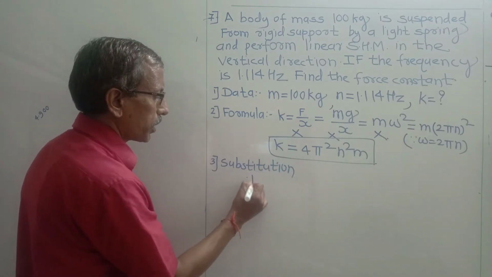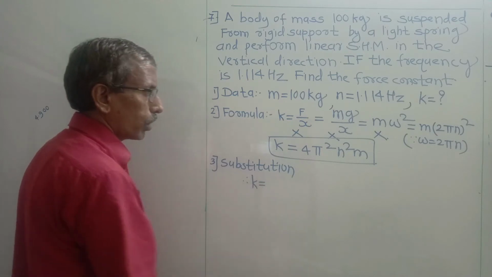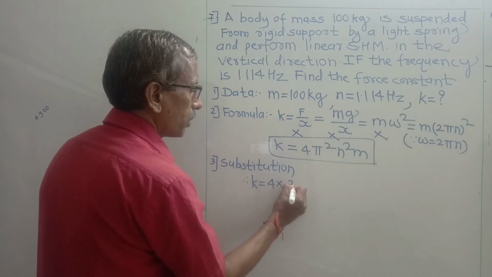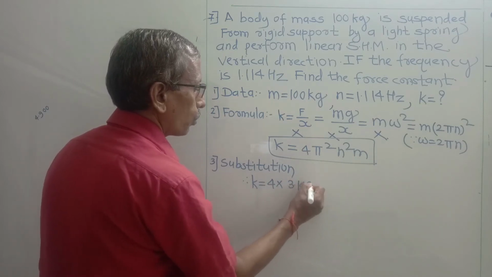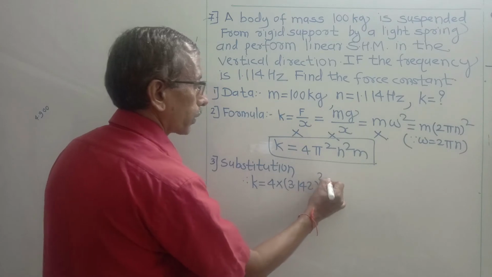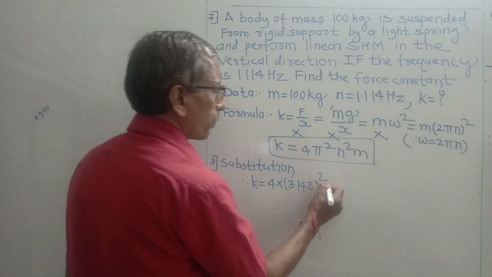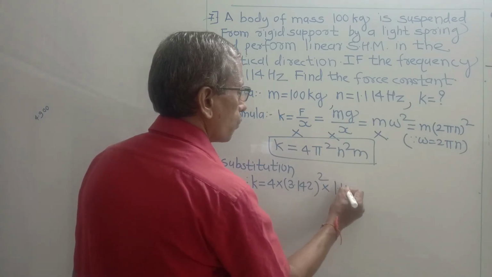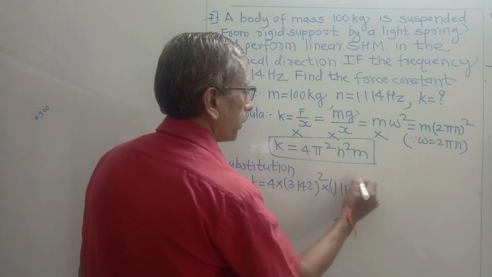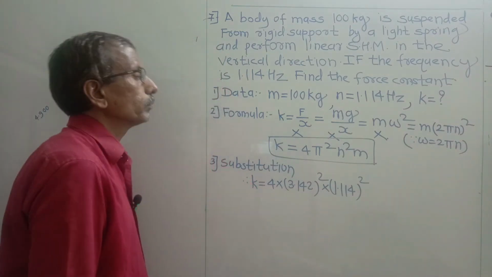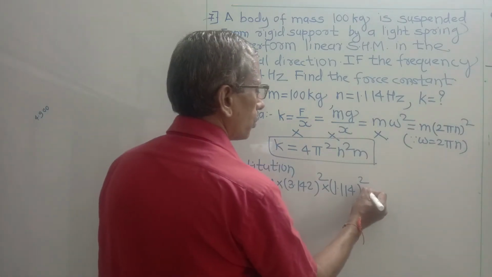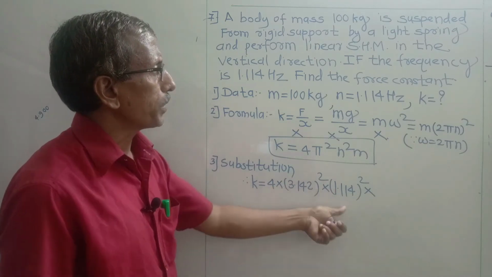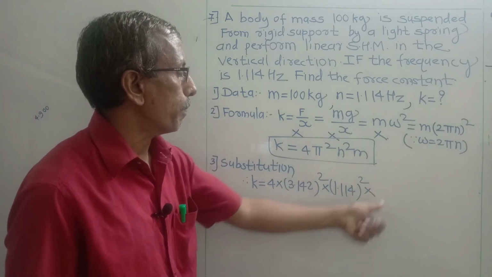Therefore K, what is the value of pi? Value of pi is 3.142, its square. What is the frequency given? 1.114 its square, into 4 pi square n square into m.